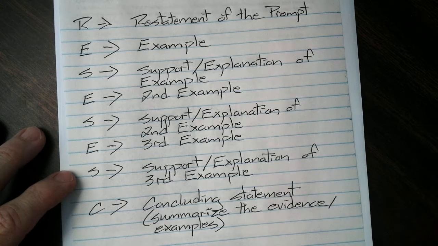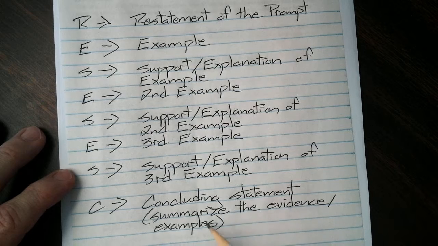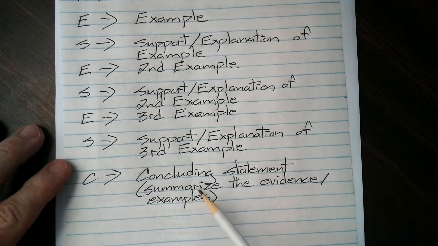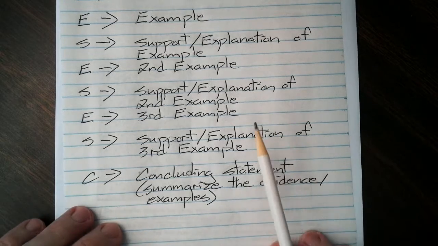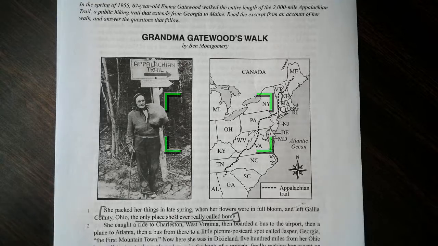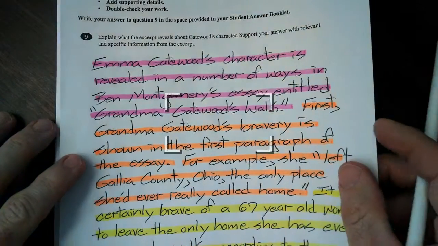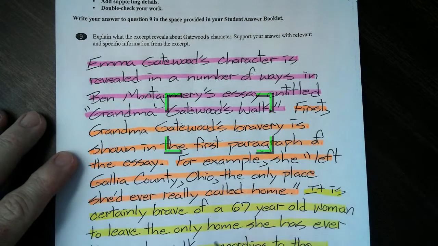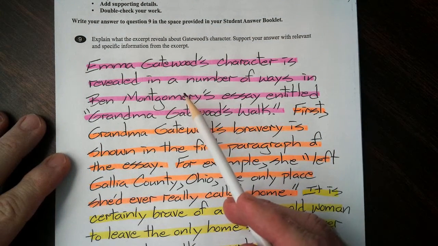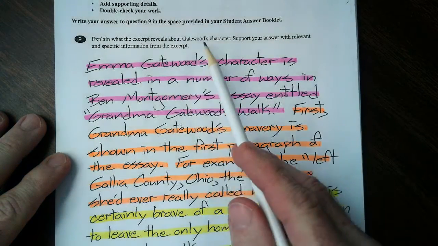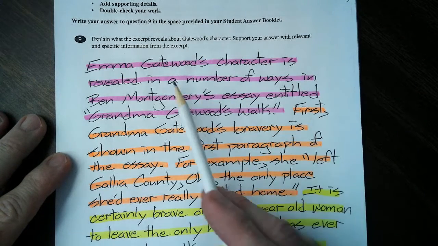And then the last part of your open response should be the concluding statement, which summarizes the evidence and the examples. So an example of the first example and support would be this here. I start out with the restatement, and the restatement is taking words directly from the prompt.